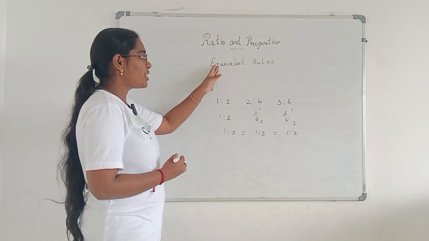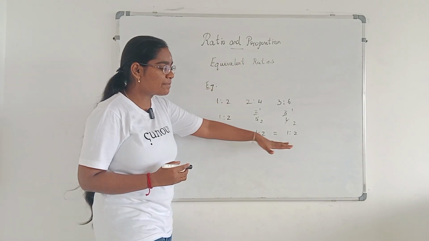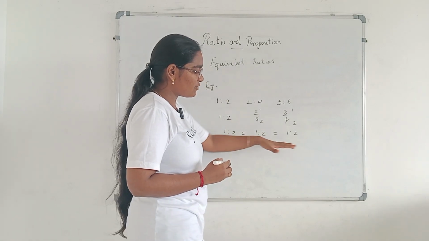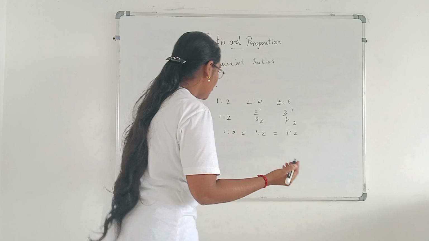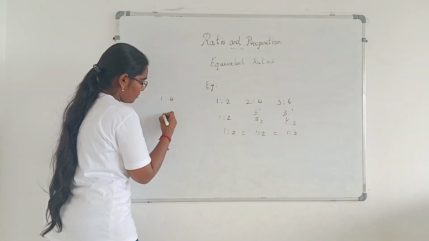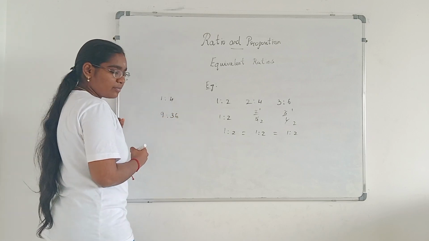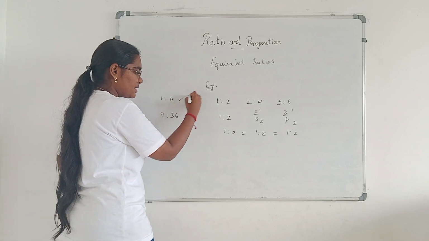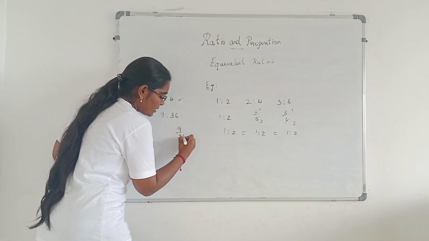So the concept of equivalent ratios is that the final simplest form will be the same for those ratios. Another example, 1 is to 4 and 9 is to 36. 1 is to 4 is the simplest form. 9 is to 36 means 9 by 36.